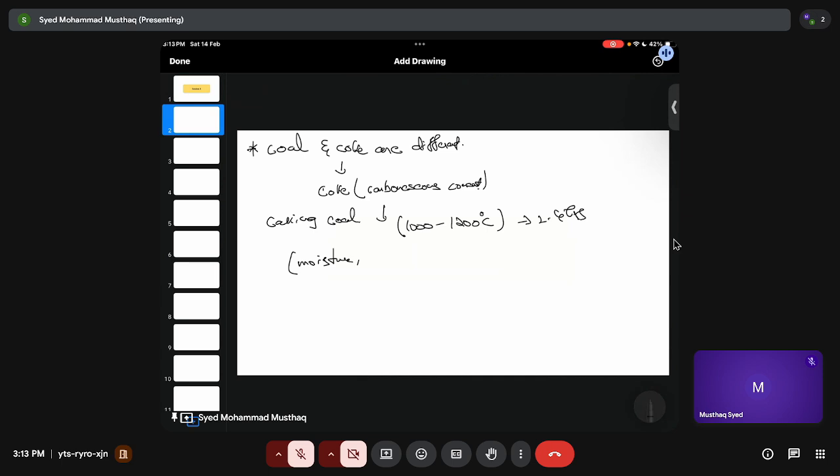It will remove your volatile content, and also it will make you porous because the things are escaping, right? So this is called the carbonization process. The other name for this is destructive distillation, which I have also said before. Destructive distillation.